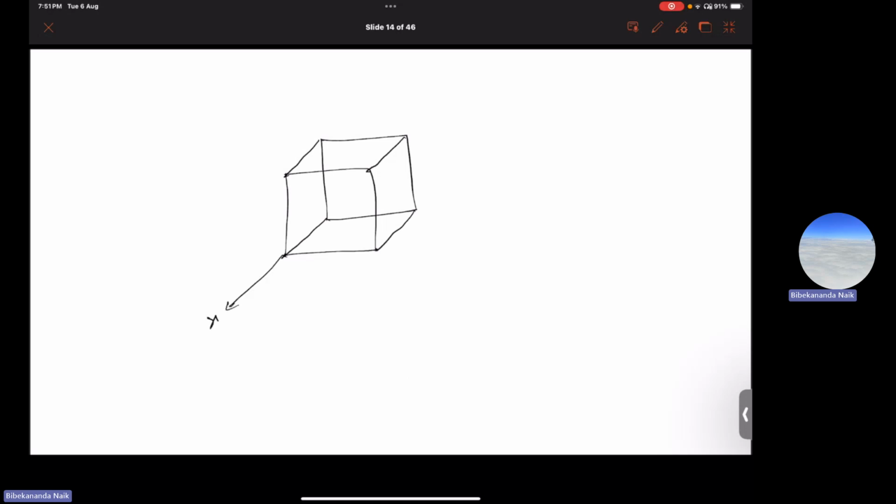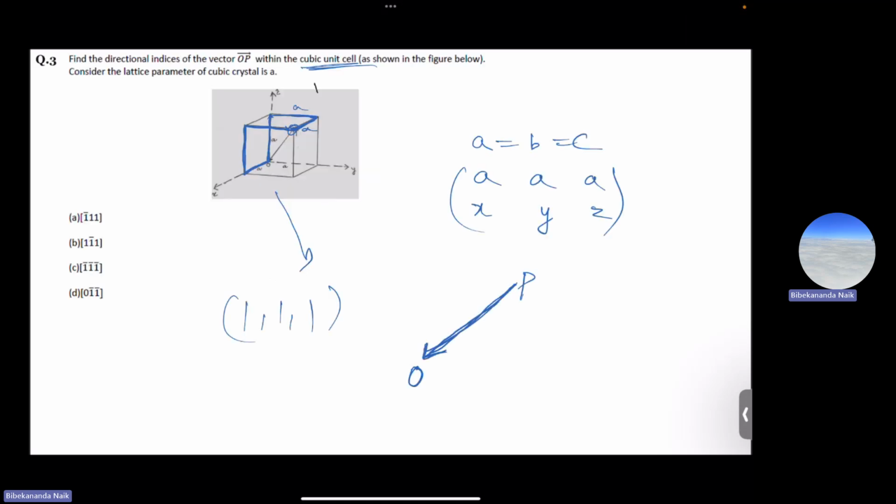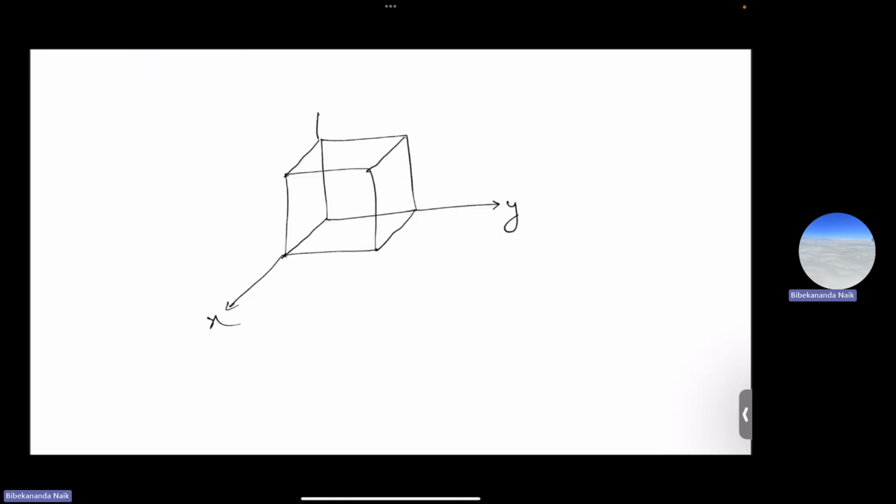This is X, this is Y, and this is Z. So this is the point from here to here.